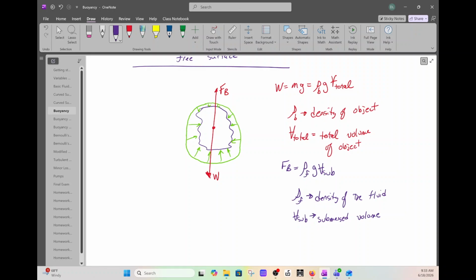In this case, because it's completely down, V sub would be the total volume. However, if you have an ice cube, and we'll do a problem, not all of it's submerged because it floats. So let's do a practice problem.